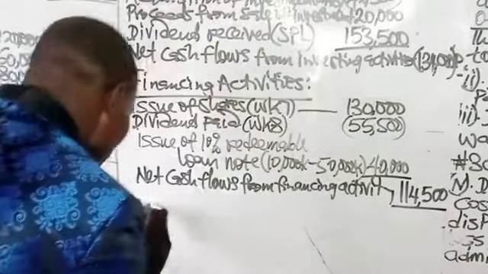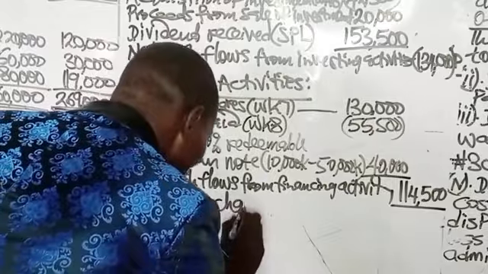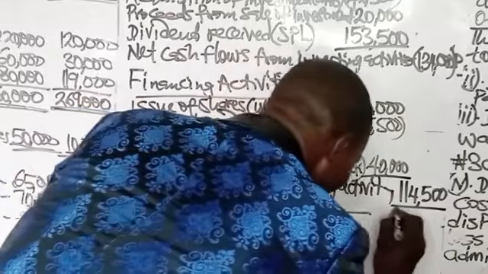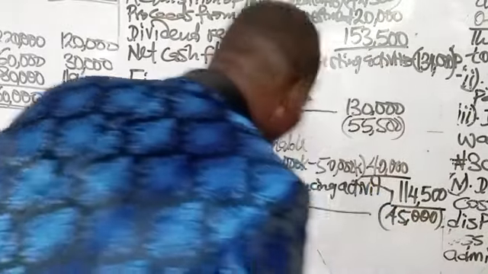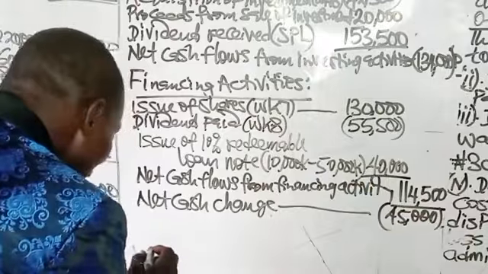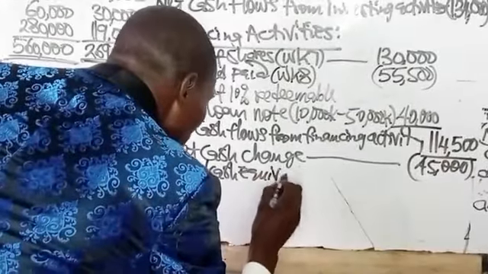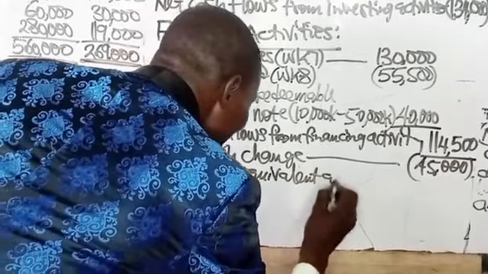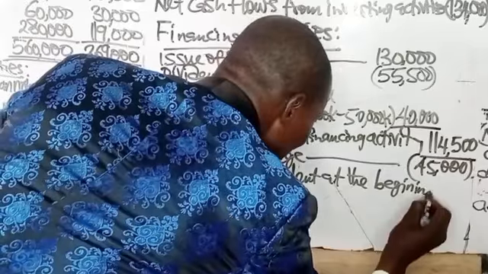Net cash change, minus 45 million. After this, you have the cash or cash equivalent at the beginning of the period.